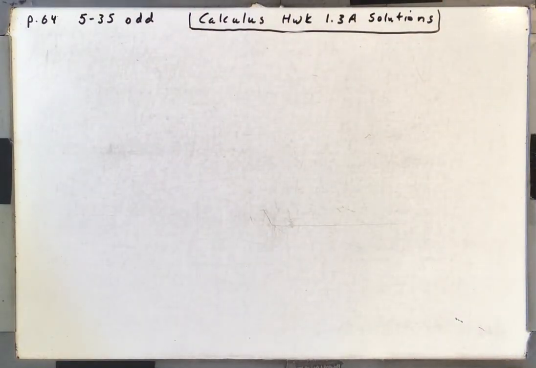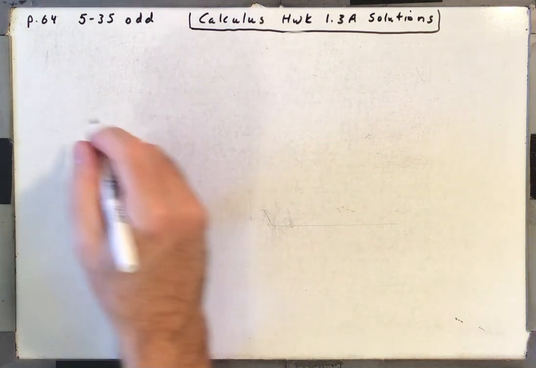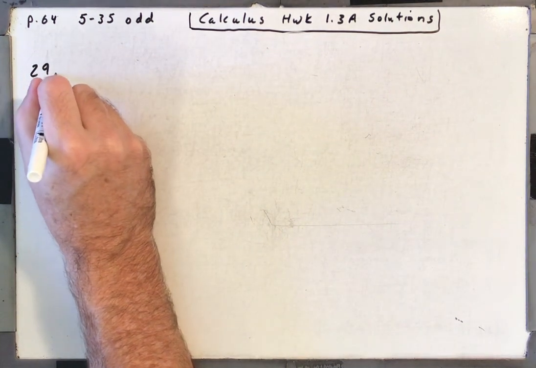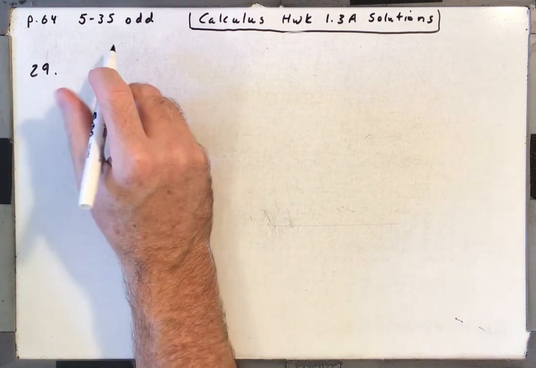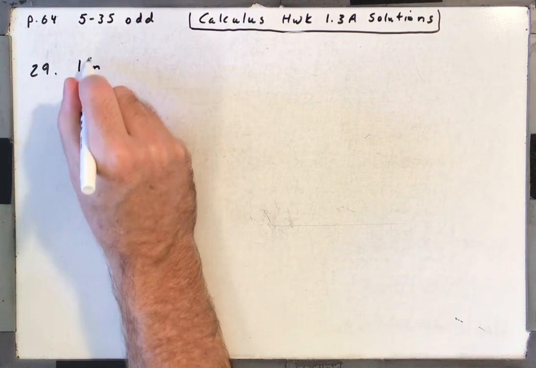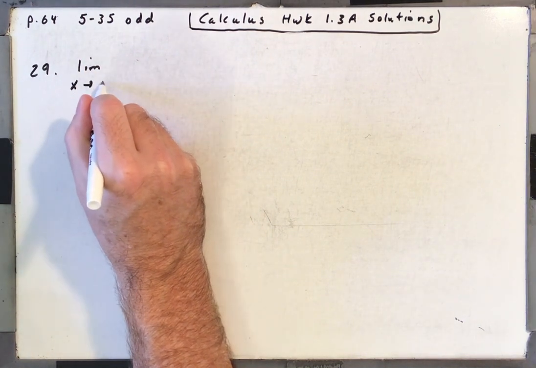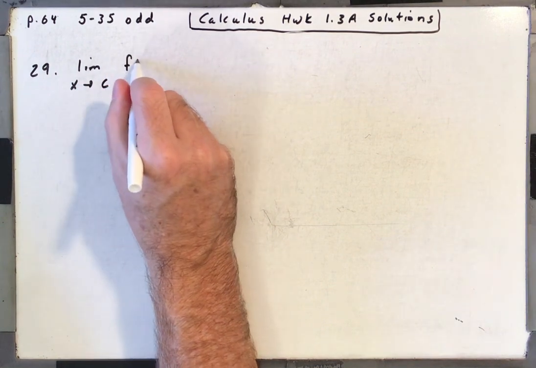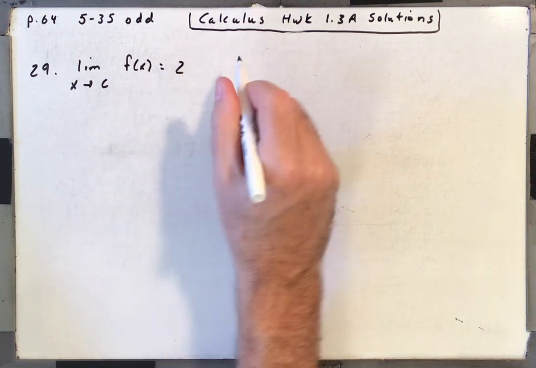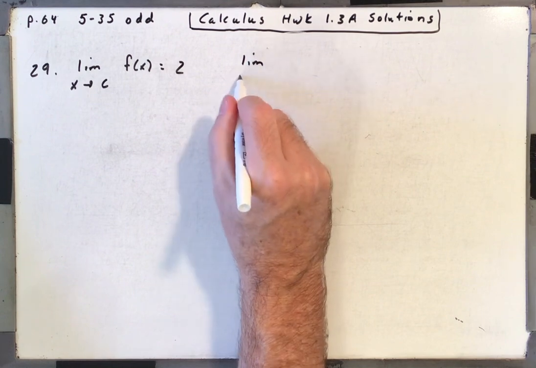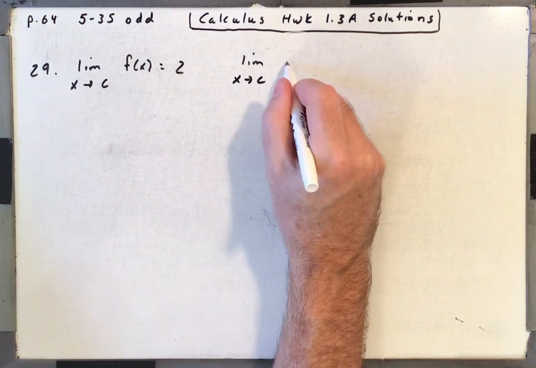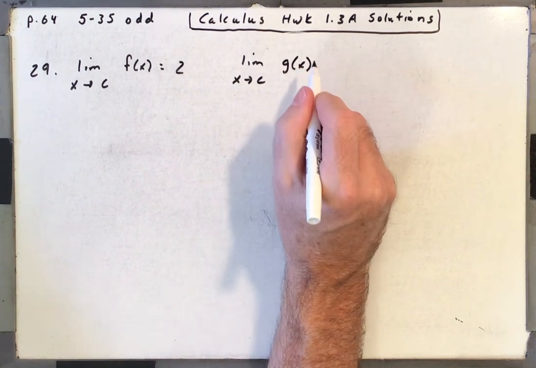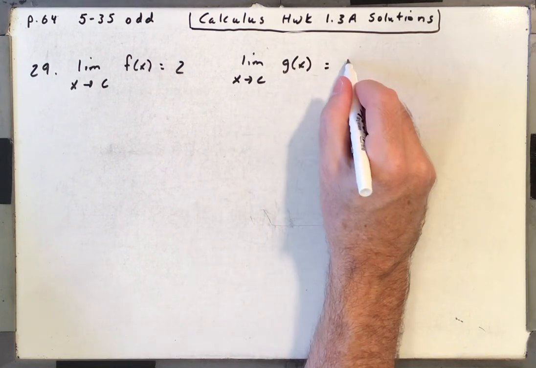Okay, now let's look at number 29. So 29 says we have the limit as x approaches c of f of x is equal to 2, and the limit as x approaches c of g of x is equal to 3.